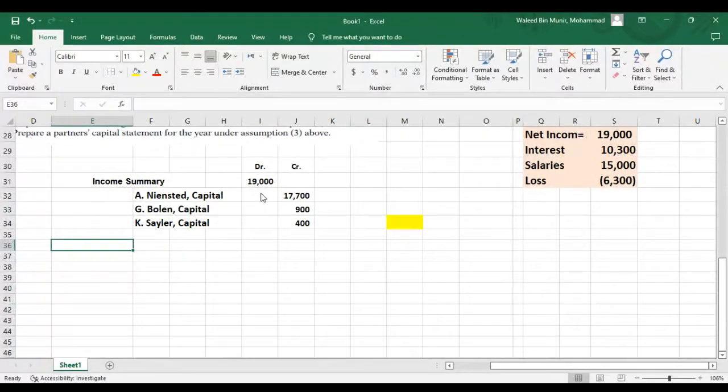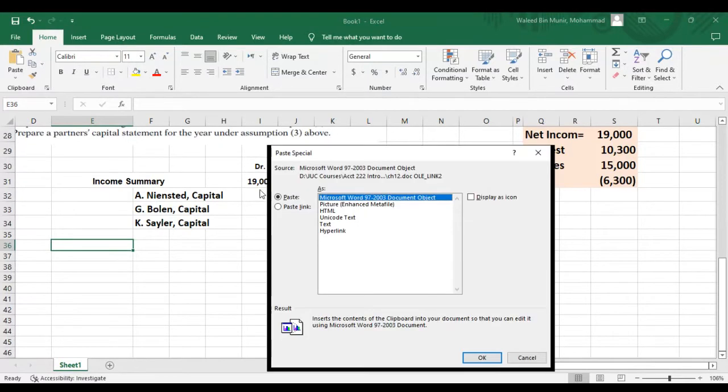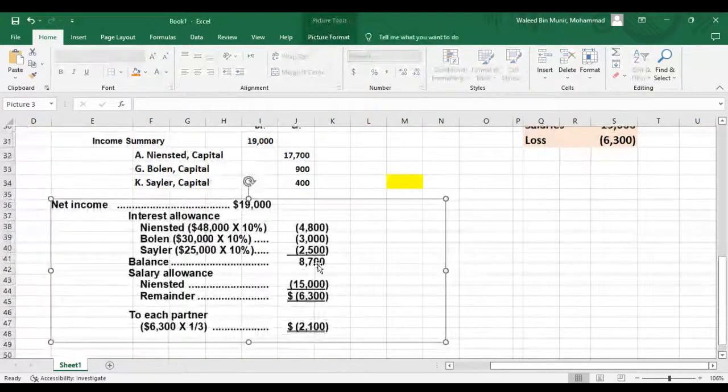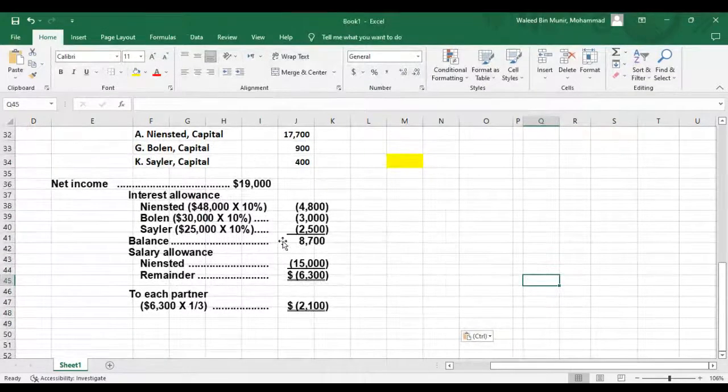Let's say for this question, this is what we have. Same thing, as you can see here, net income, like this one. Interest was for each one; 19 minus these numbers, the balance will become 8,700, right? Salary allowance is this one for each one.